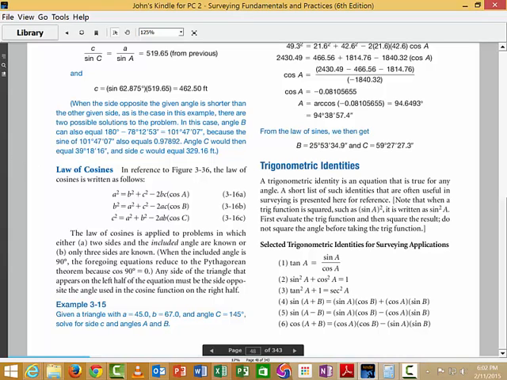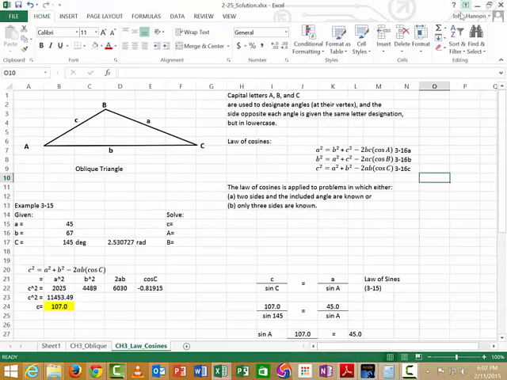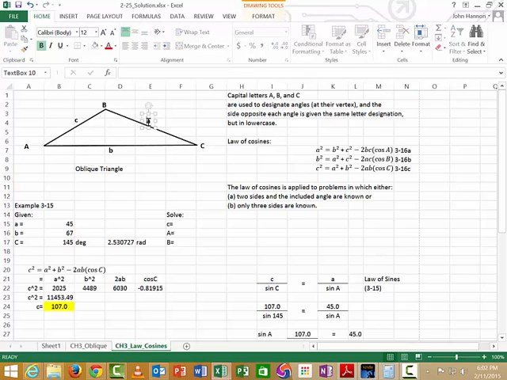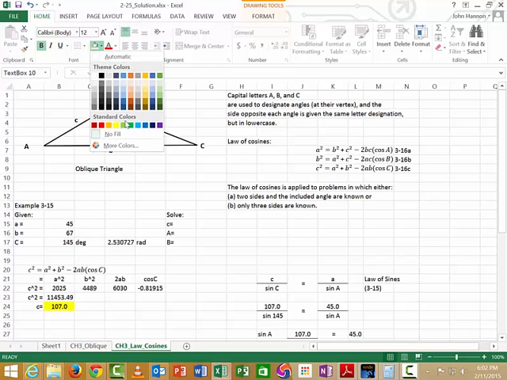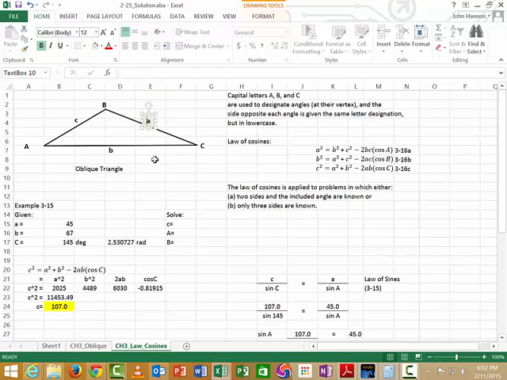And I set mine up in a spreadsheet. So let's see what they give us in this example. They give us side A, and I'll make it yellow.